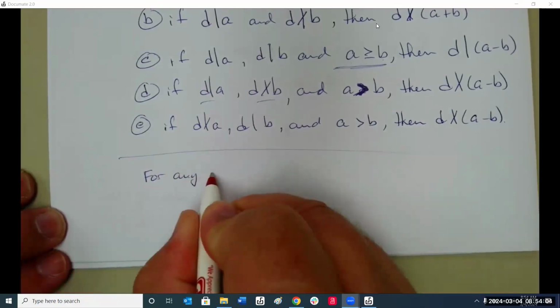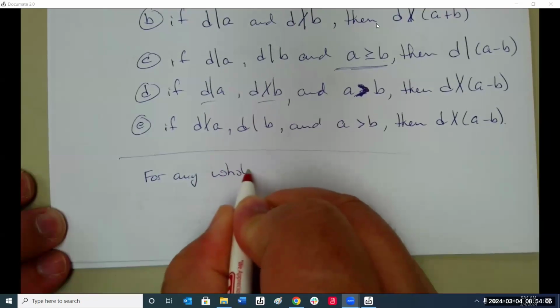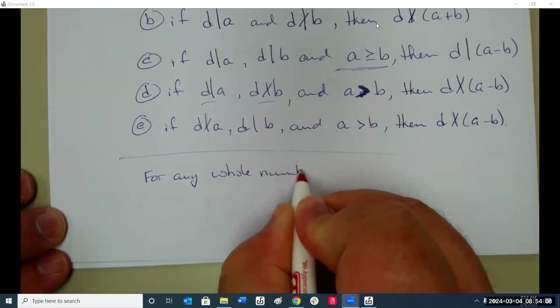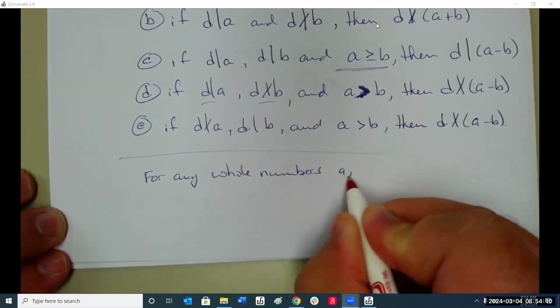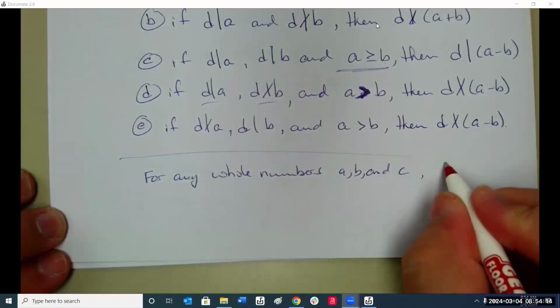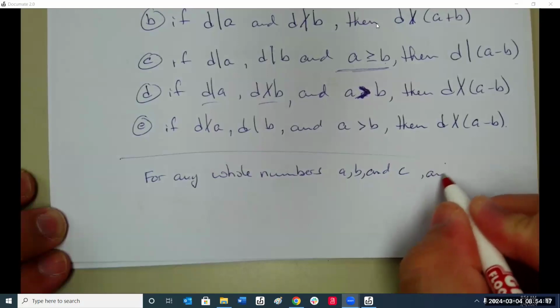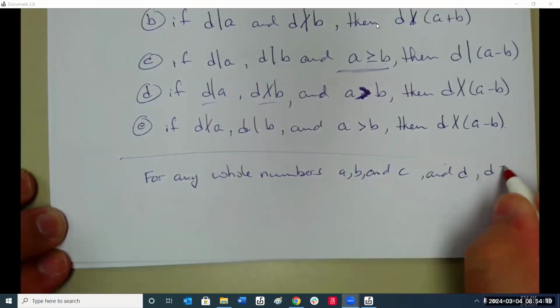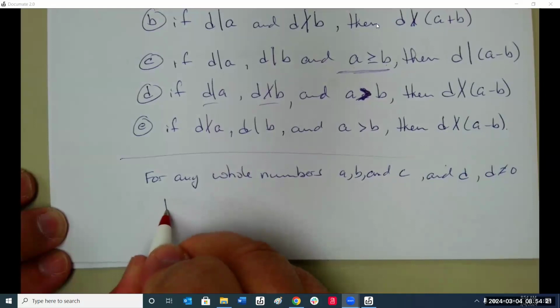But the corollary is this, it doesn't matter because we can expand that for any whole numbers A, B, and C, and D, where D is not equal to 0.